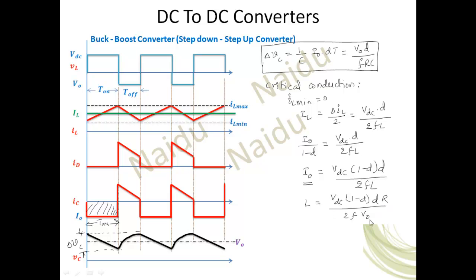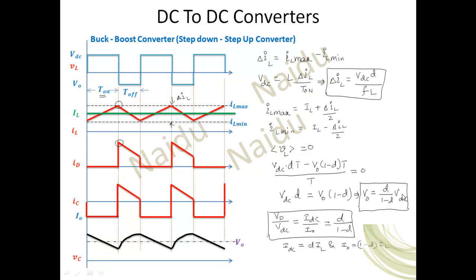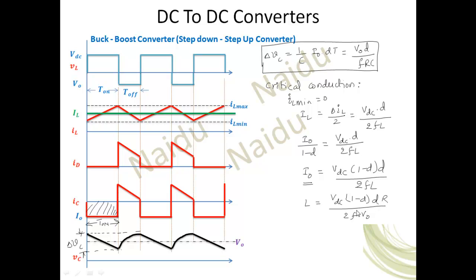VDC by V naught in this case is nothing but 1 minus D by D, as you can see in the previous slide. If you substitute that, D gets cancelled, and then you get L critical as 1 minus D square into resistance divided by 2F.